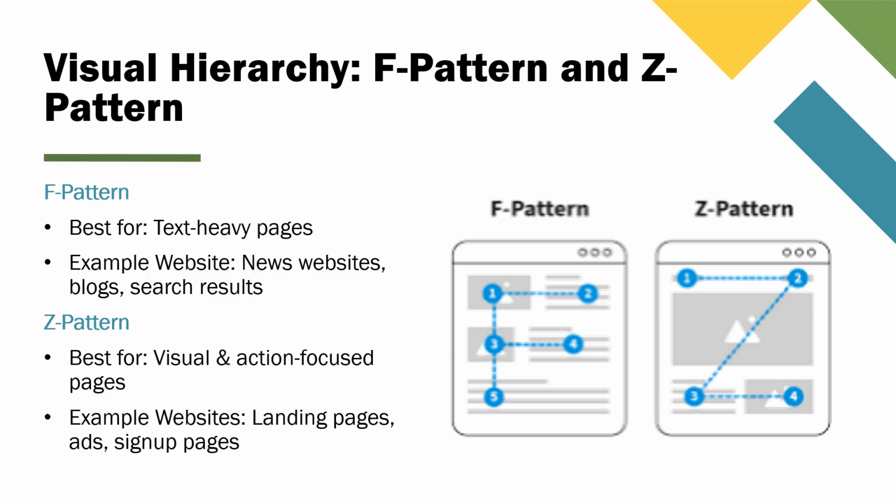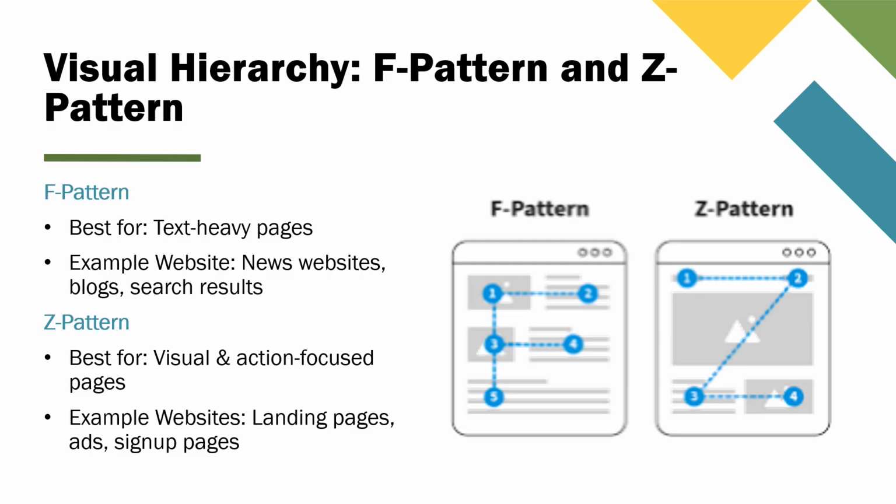Now, what is the Z pattern? The Z pattern describes how users scan simpler, more visual focused pages, such as a landing page, advertisement, or sign up pages. So why is it called the Z pattern? Well, because eye tracking studies have shown that when users scan the page, they scan in a zigzag motion.